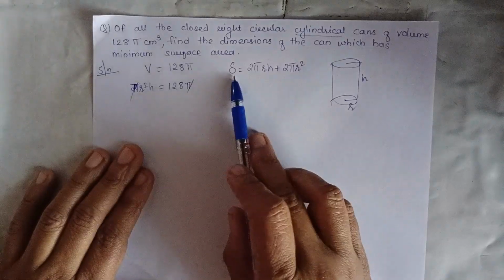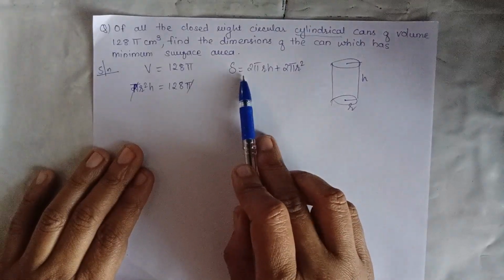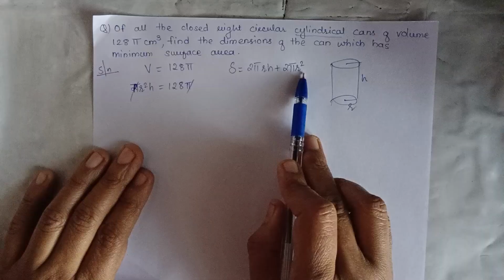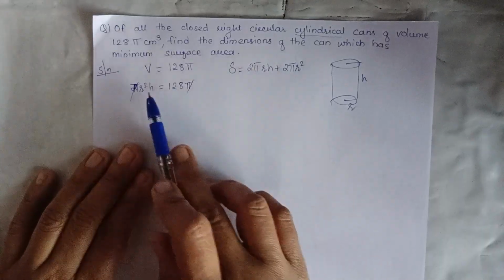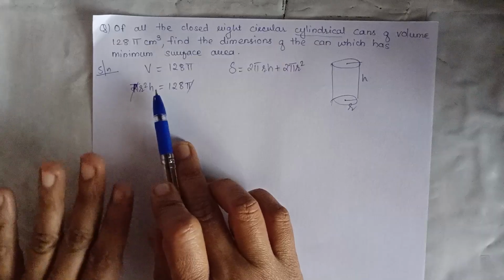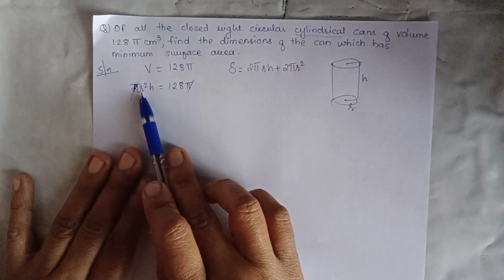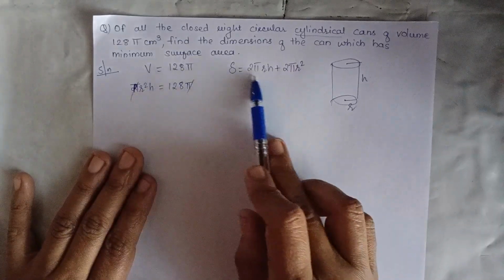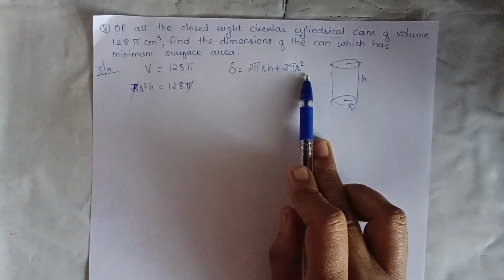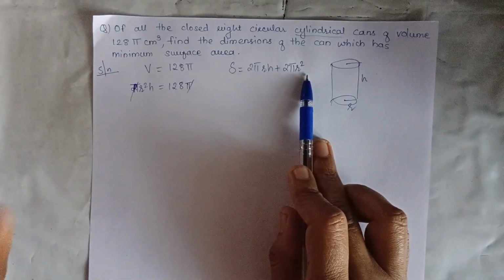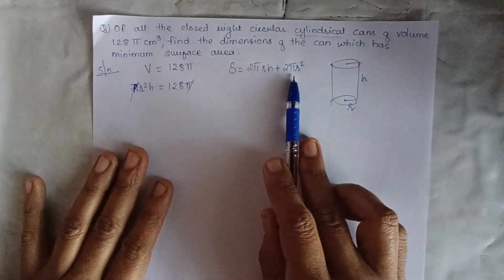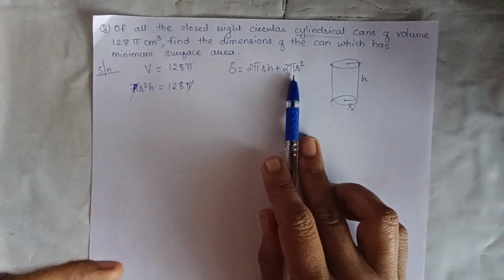So we can write this in terms of r only by substituting h, which we can take from here, or you can substitute r and make this in terms of h only, so that when you are finding the minimum or maximum value, you will get one of the dimensions, that is r or h.